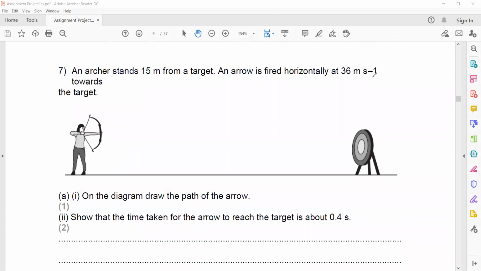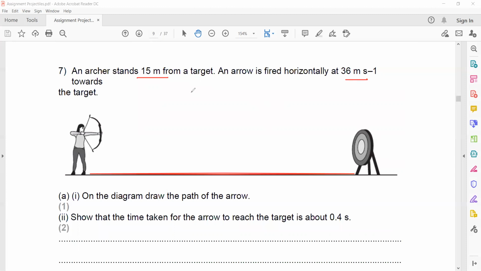The arrow is fired at a speed of 36 meter per second towards the target, which is 15 meter away. So first we will find the change in height when it covers 15 meter.